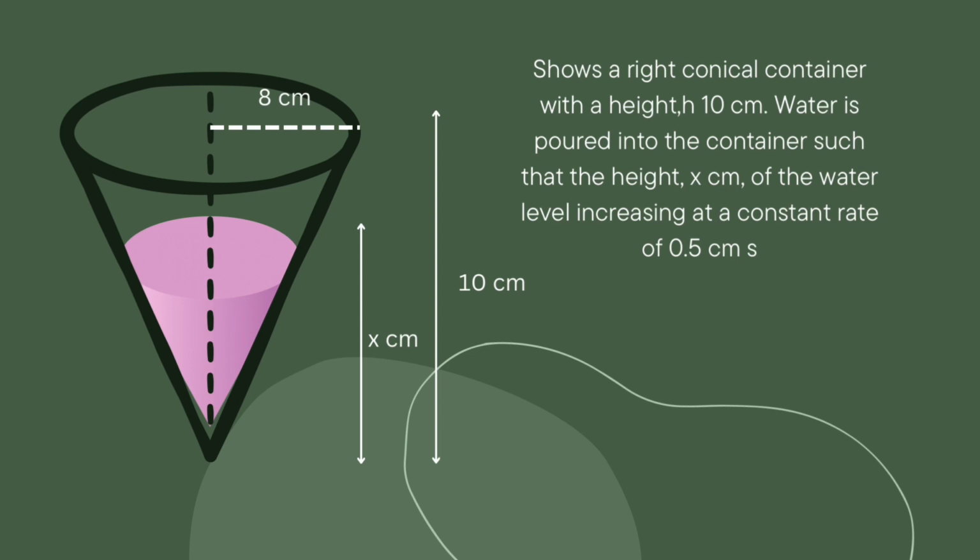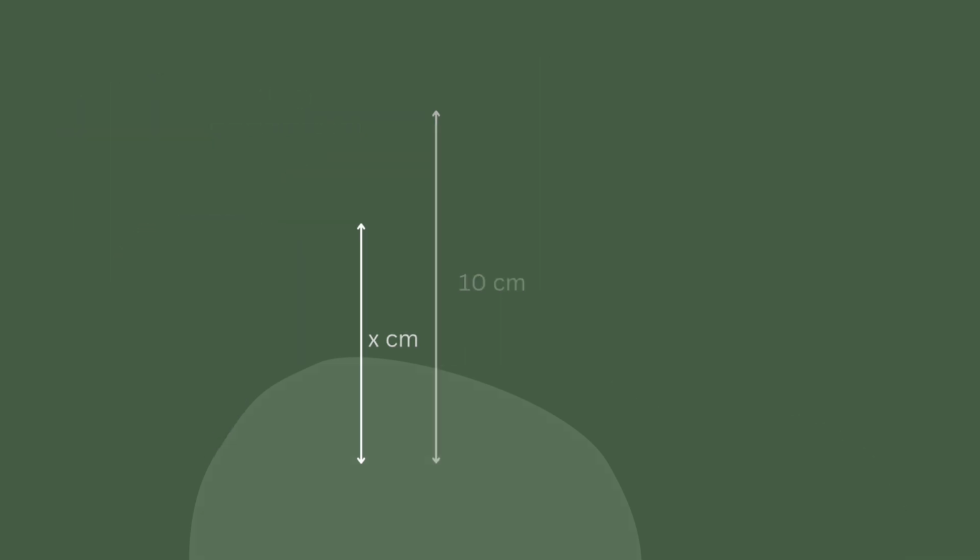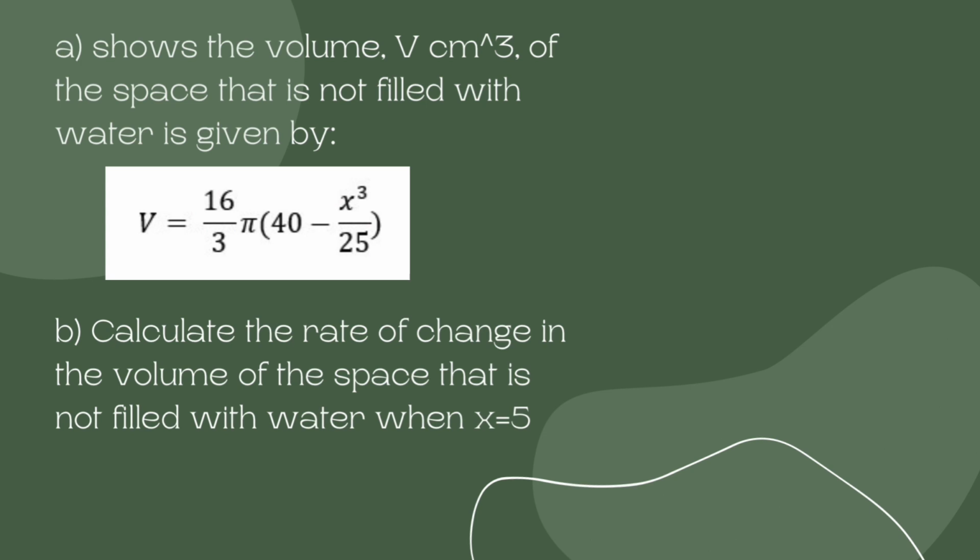Water is poured into the container such that the height x centimeter of the water level is increasing at a constant rate of 0.5 centimeter per second. A: Show that the volume V centimeter cube of the space that is not filled with water is given by V equals 16 over 3 pi times 40 minus x cubed over 25.